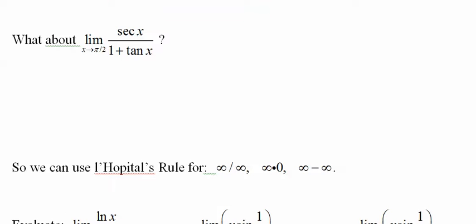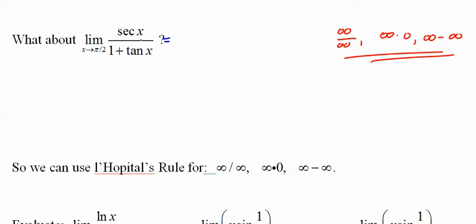So, now all we got is lots and lots of tricks. These are indeterminate forms of infinity over infinity, or infinity times 0, or infinity minus infinity. We can use L'Hopital with some extra little tricks to do all this.